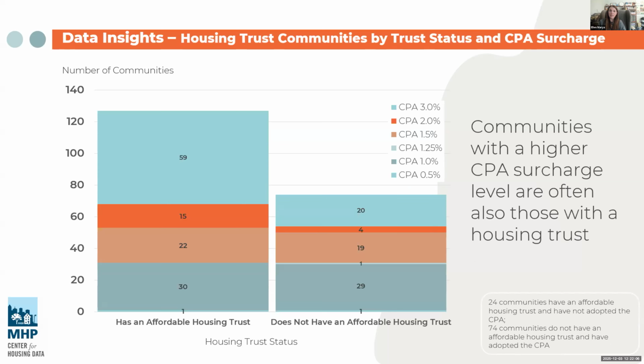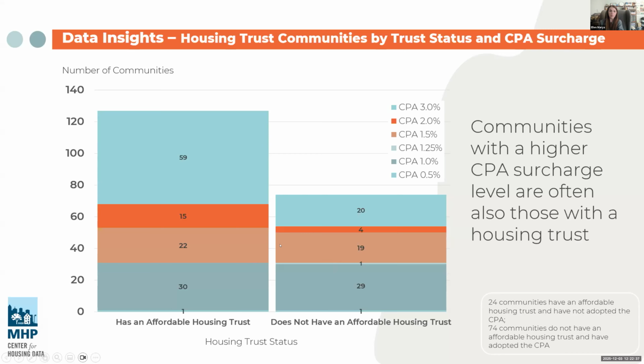When we start to dig into this a little bit more, we can start to see some more interesting patterns emerging among communities that have the CPA, and whether or not they have an affordable housing trust. So when we're comparing communities with a trust, which is this taller stack of bars, with those that do not have an affordable housing trust, we first see that really similar numbers have the CPA at these lower surcharge levels.